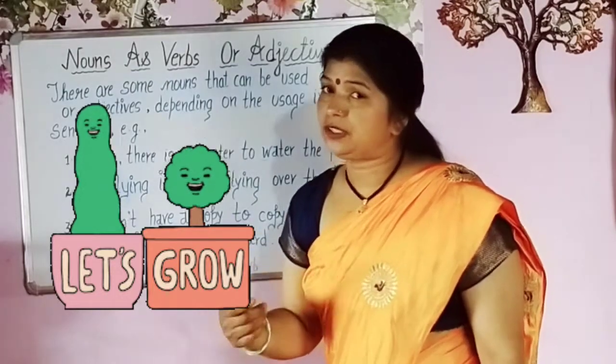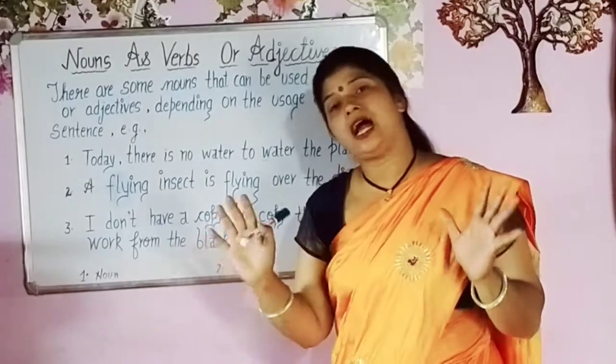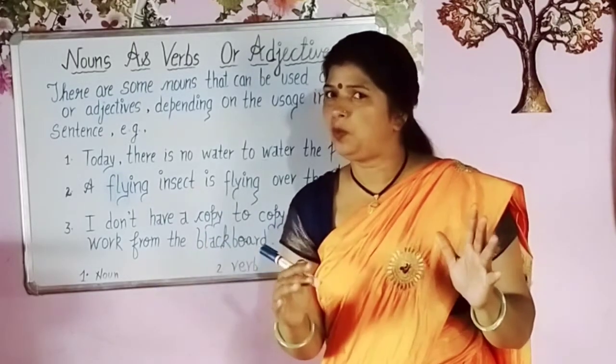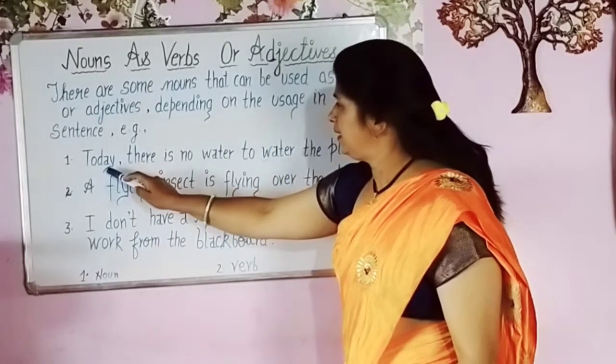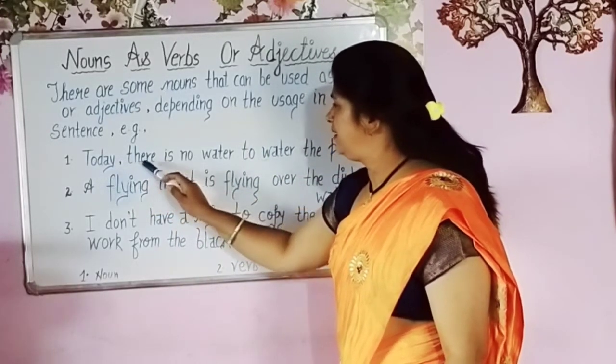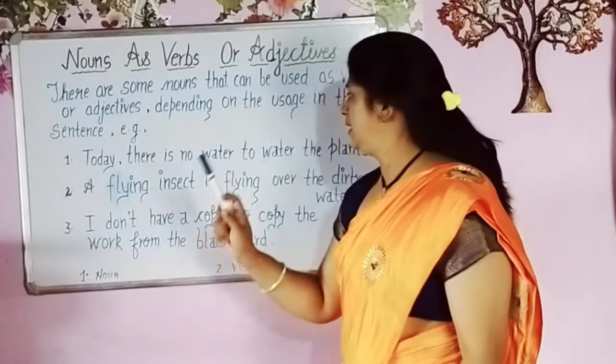So do you think the meaning of water in both places is the same? Both are nouns? No. Let's see once again. In this sentence it is saying, today there is no water.